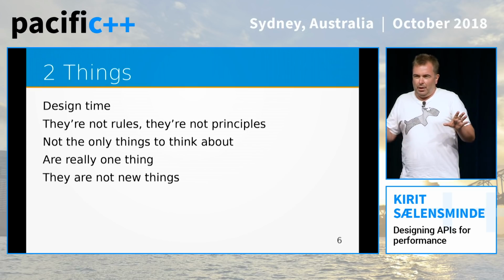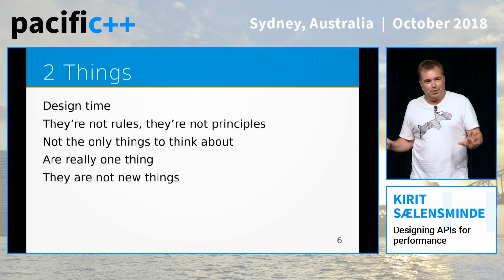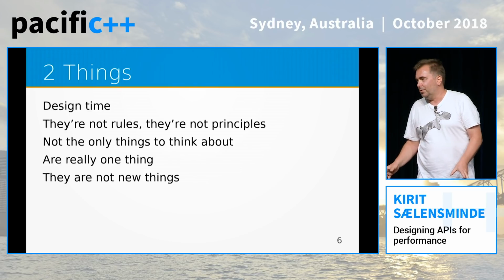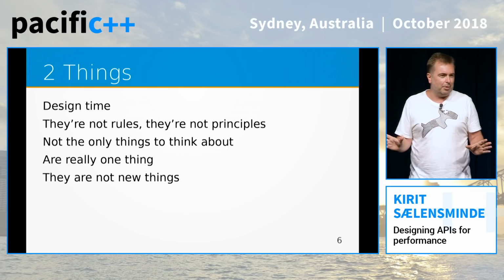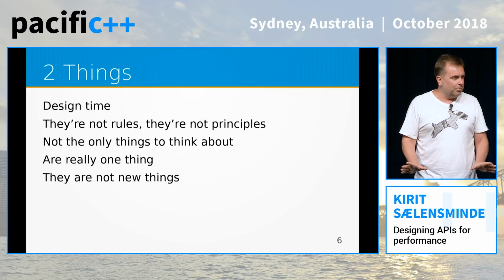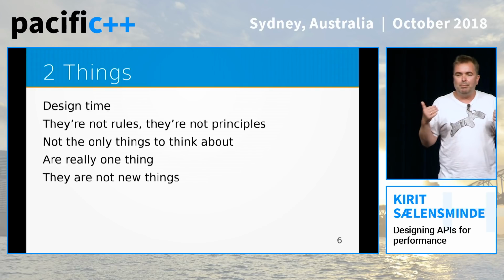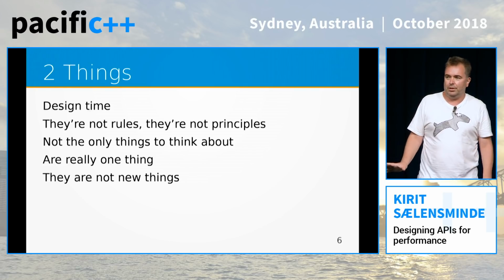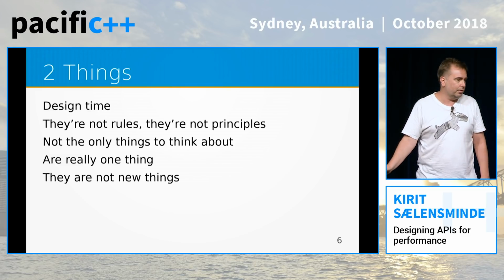Unless you're completely new to C++, these are absolutely things that you think about all the time. All I want to do is just highlight that these are also things to think about, not when you have a performance problem that you're trying to solve, but actually something you can think about before you even write a single line of code or design or think about how your API should be structured.